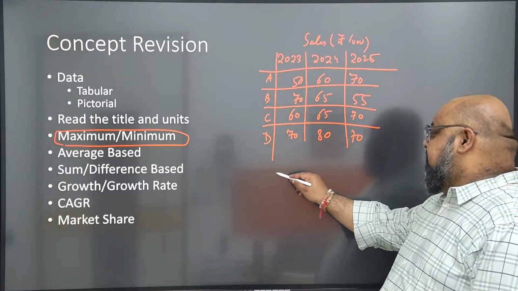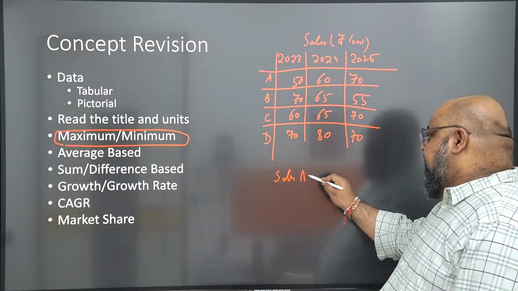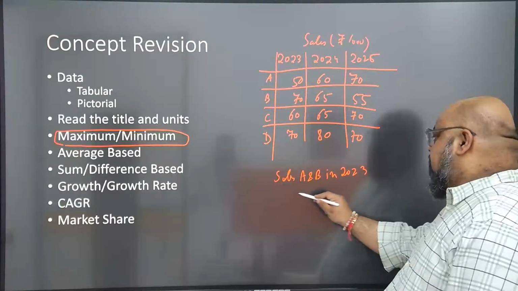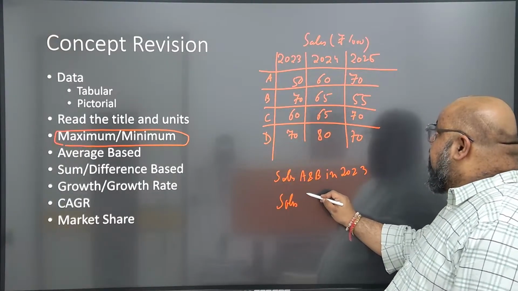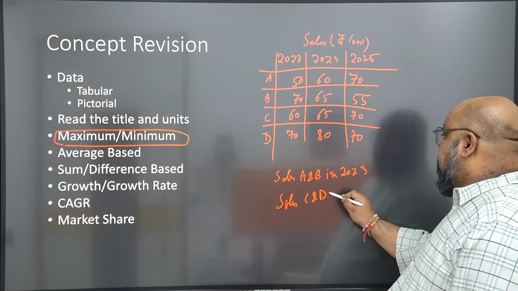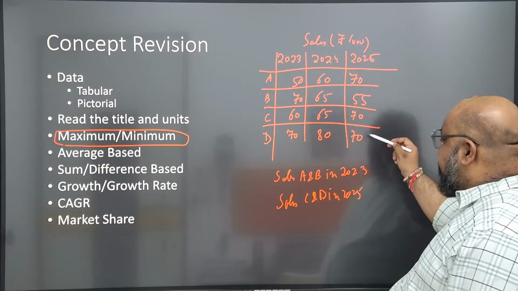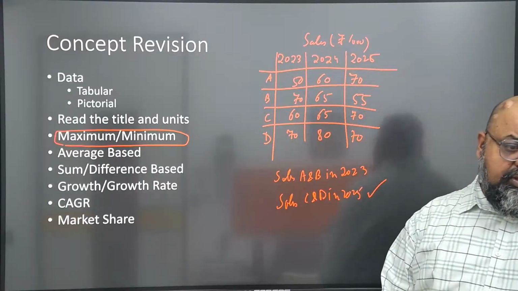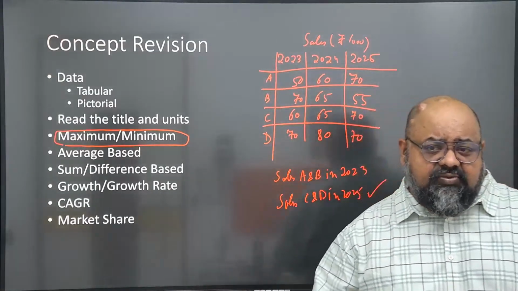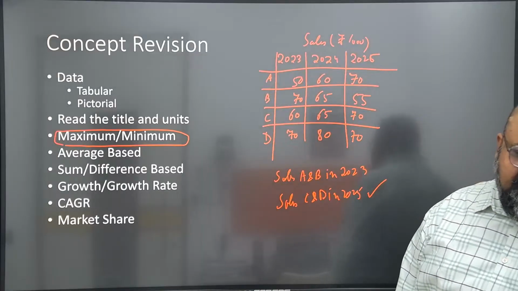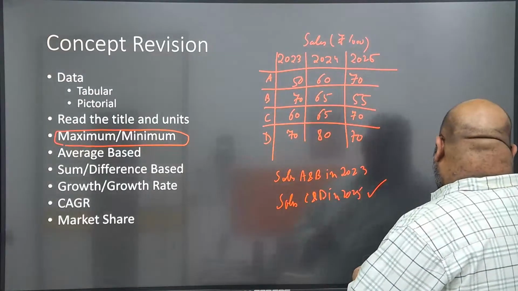So I add, this is 120, this is 140, so this is a higher value. Basic maximum minimum based questions, where you're just picking data from the table, might have to add in, but basically just comparing to see which is a higher or a lower value.